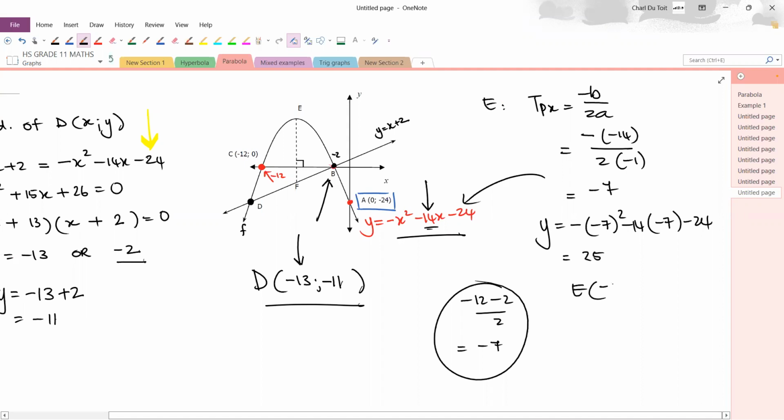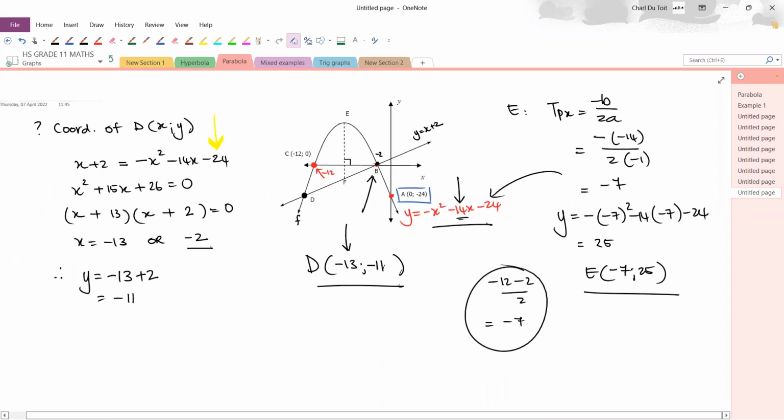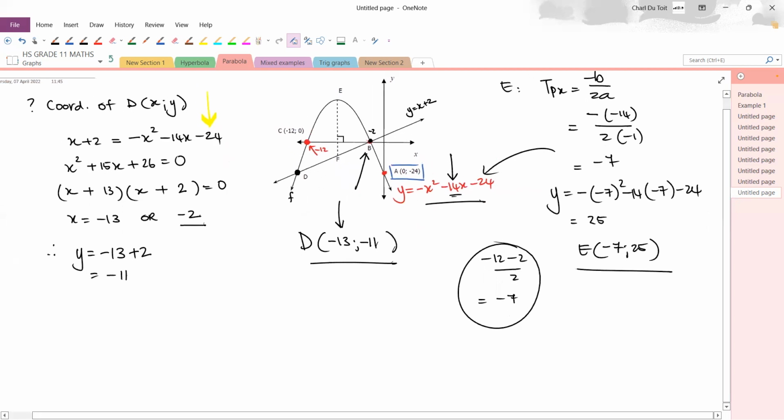It's very important that you be able to do this. You get the y value of the turning point at E by putting that x value of the turning point back into the equation. We get 25. Last thing, I want the coordinates of F.